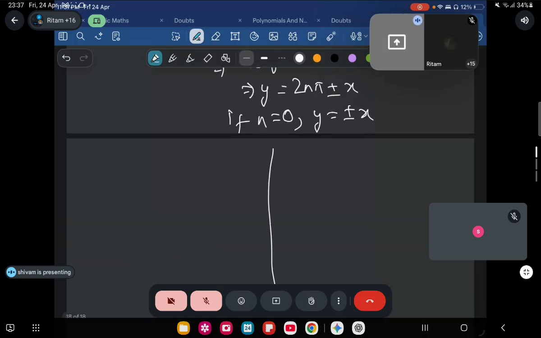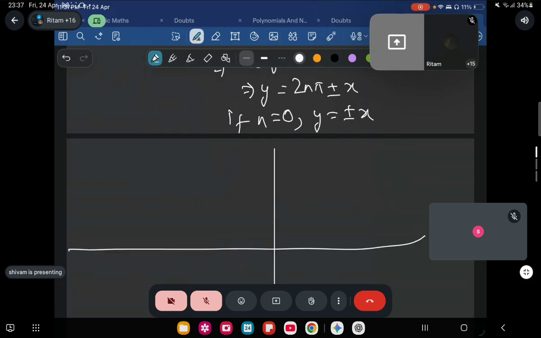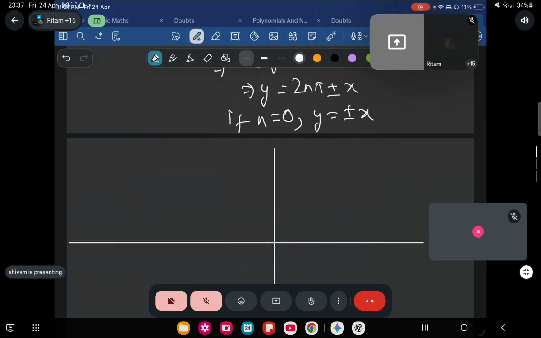So let us plot. Cos inverse cos of x, the maximum value will be equal to pi. First of all, let us draw y equal to x and y equal to minus x.